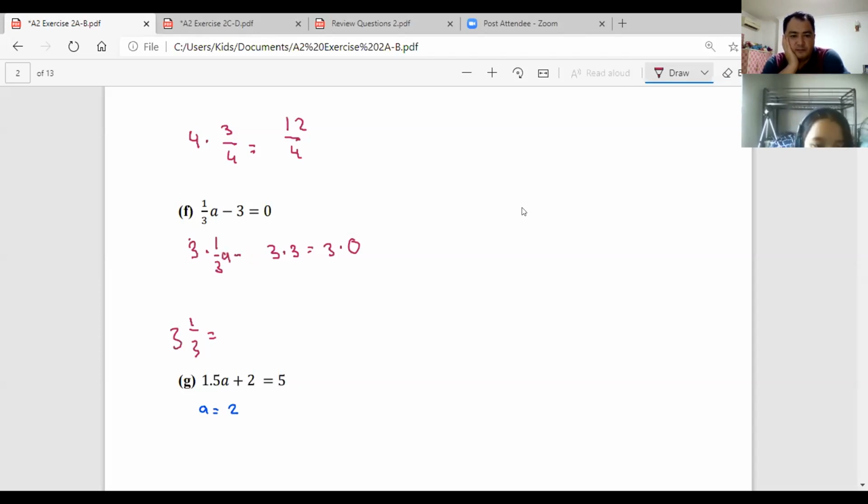So what is 3 times 1 over 3? 3 over 3, which is 1. Even without this, you should say that 3 times 1 over 3 is a, right? A minus 3 times 3 is 9. At the same time, take this minus 9 to the right-hand side. So we have a equals 9, right?